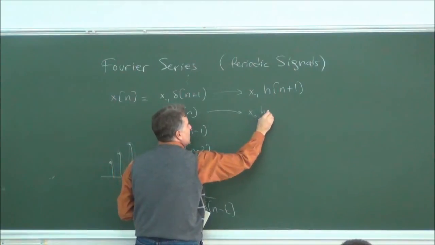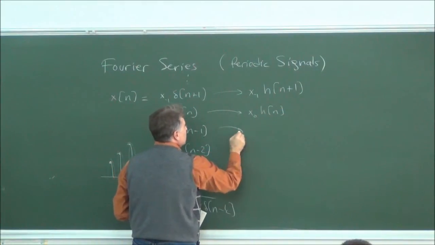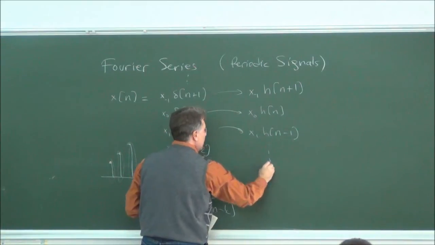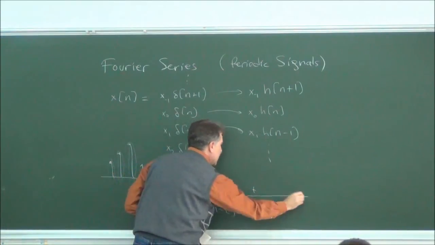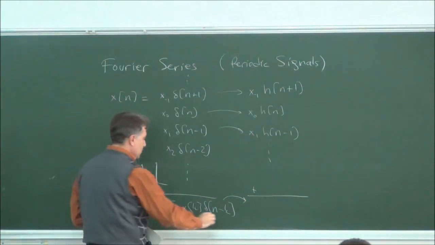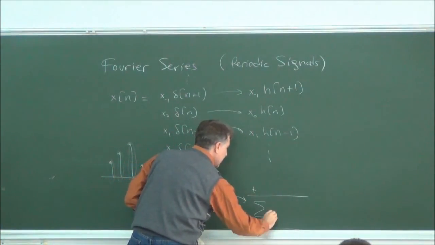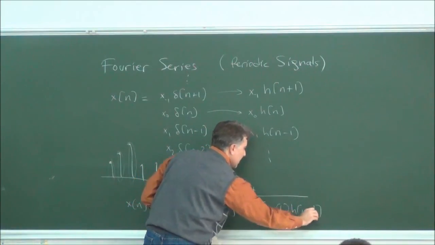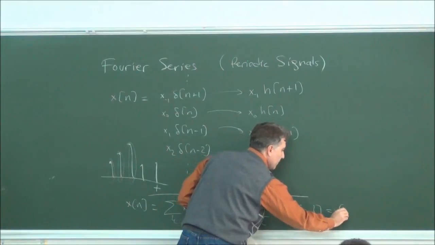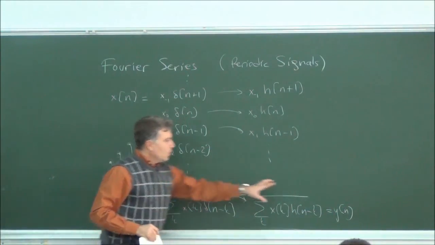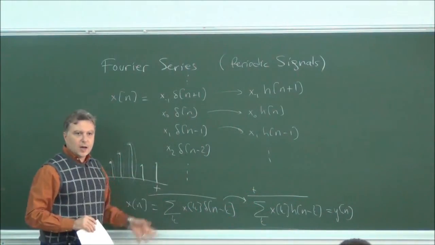This is x0 h n. To this, it's x1 h n minus 1, etc. And the summation is therefore the response to this final summation, which is summation for all k, x of k, h of n minus k, is equal to y of n. The response. If x is the input, y is the output. This is how things work.